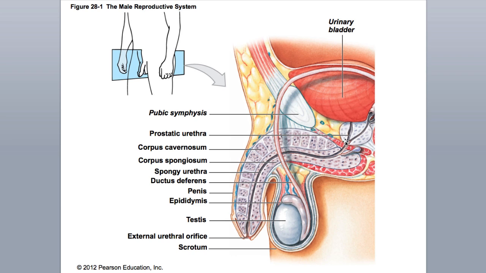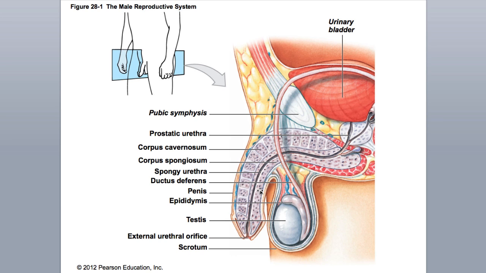So we have a prostatic urethra. There is a piece not labeled right about here called the membranous urethra. And then we have this piece right here called the spongy urethra. So two of the three are labeled for you: the prostatic urethra, and right about here would be the membranous urethra, and then the spongy urethra.